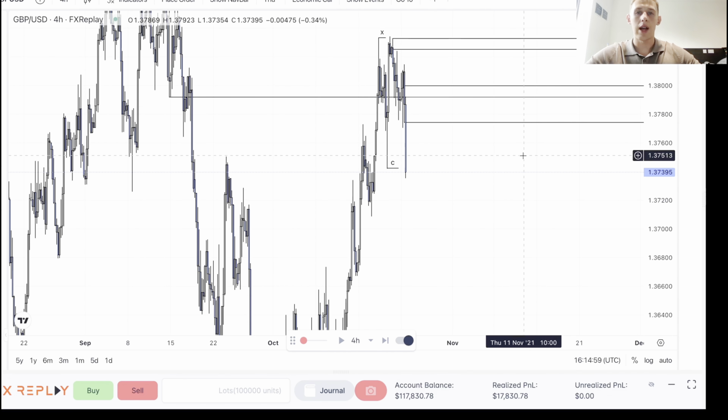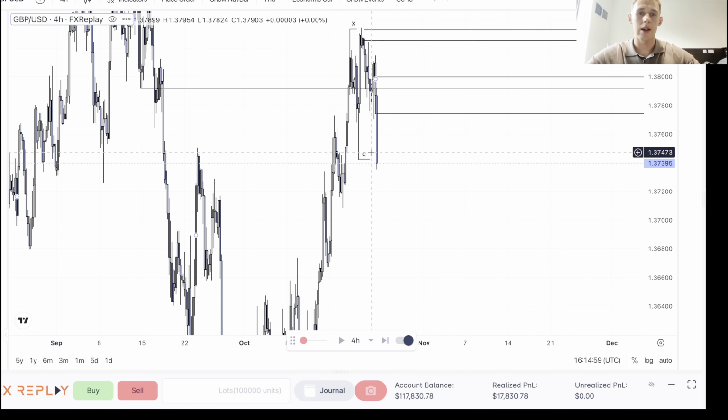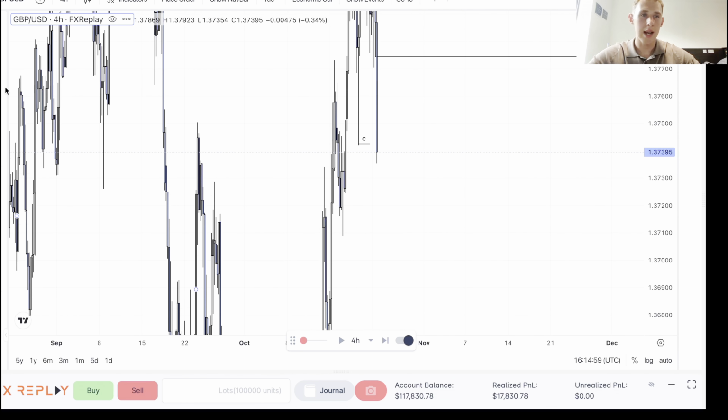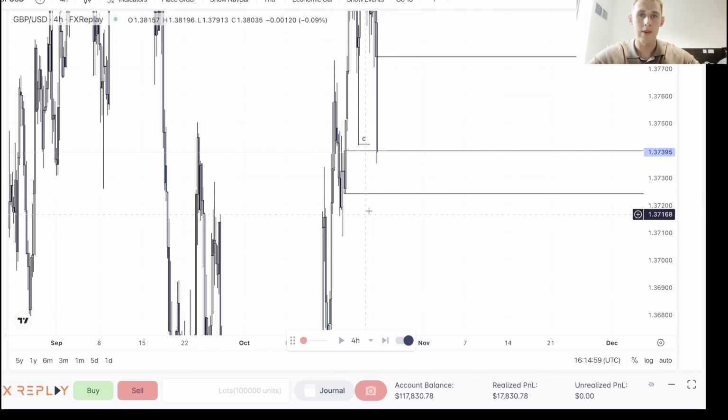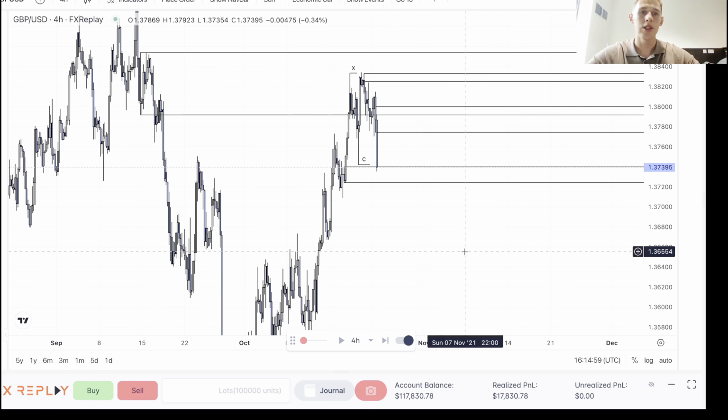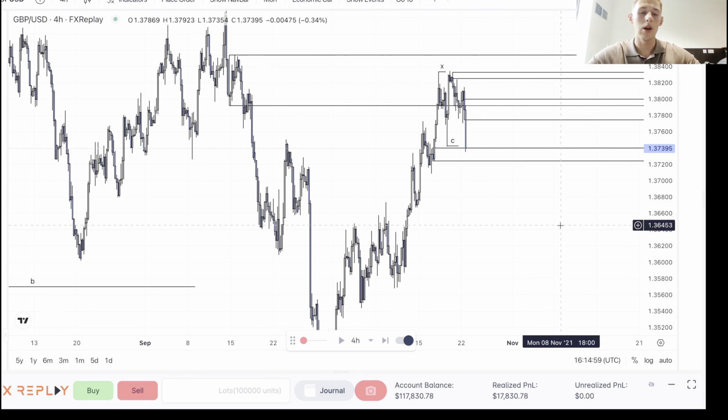However, what I have also just seen is that we had this 4 hour area of liquidity. Price has now swept that low, and it has also come into this 4 hour area of demand, as we can see. So what I like to do in this sort of situation is, I guess you could say, a form of hedging.